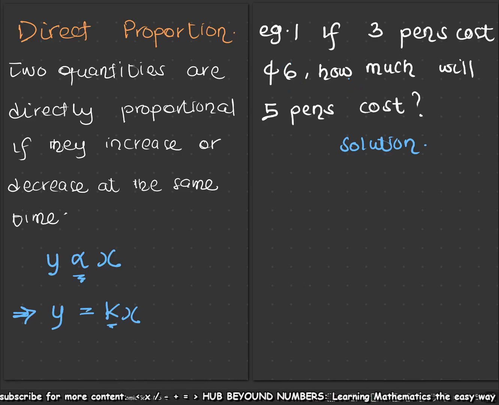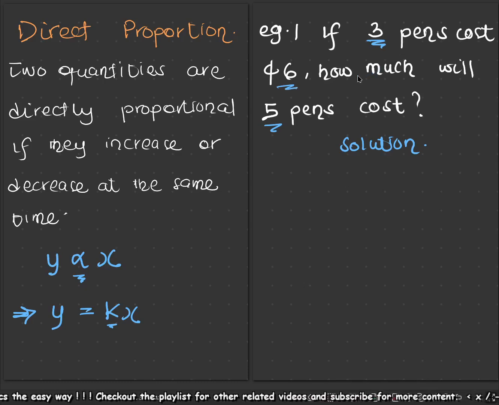Since 3 pens cost 6, it would simply mean the 5 pens would also increase. As the number of pens increases, from 3 to 5, the cost would also increase. Hence, we see a direct proportionality between the number of pens and the cost.